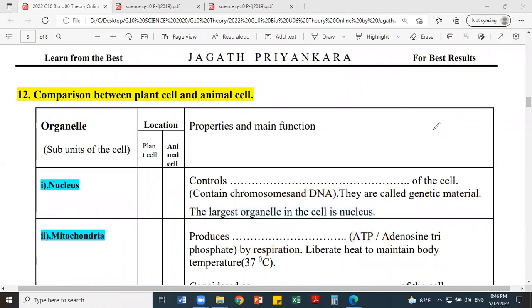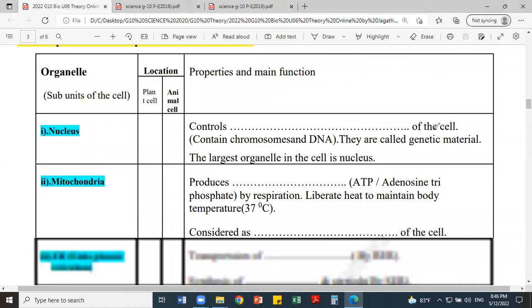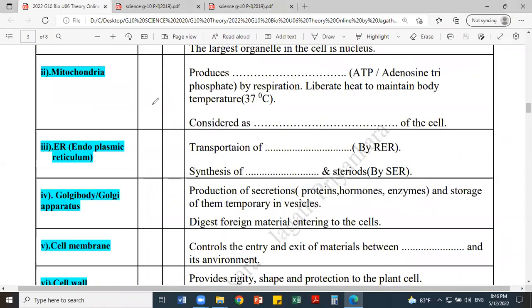Next one, ER. ER is also present. Okay, mitochondria present in both. ER present in both: transportation of proteins and other substances.